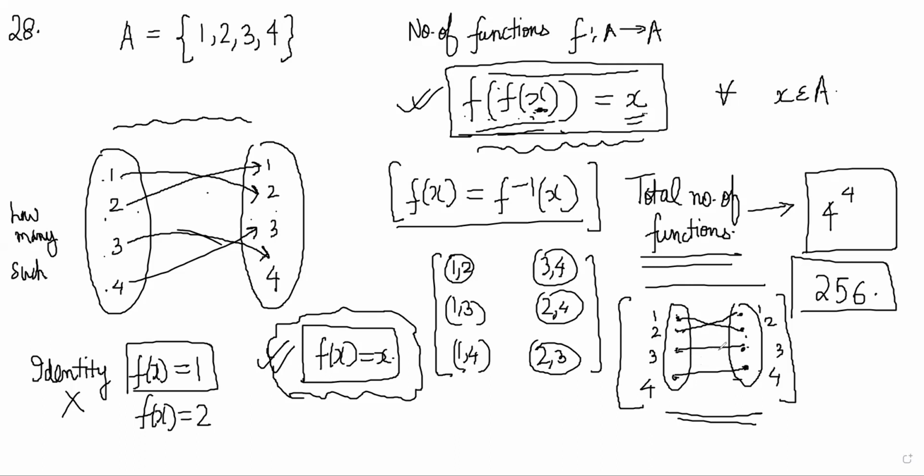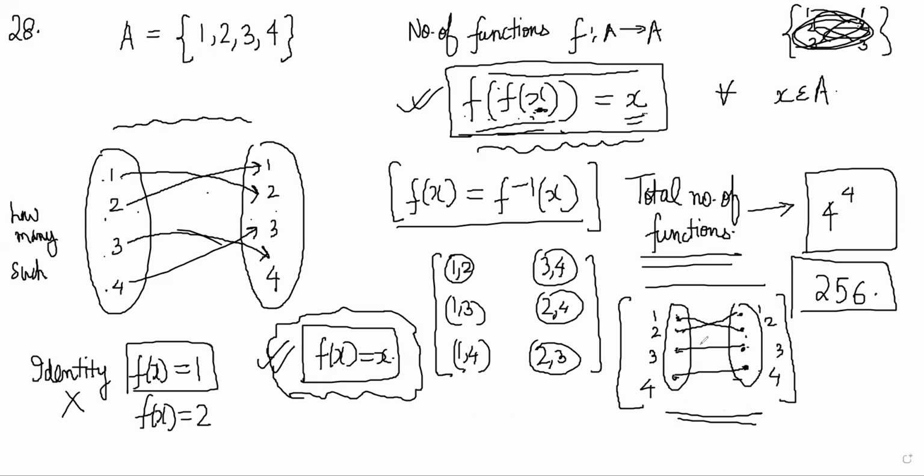Can you have 1 is 2, 2 is 3, 3 is 1? Wait, let me think. Does that work? No, I don't think so. If 1 is 2 and 2 is 1, then f of 1 doesn't work as 3. It doesn't work. So this will not work.